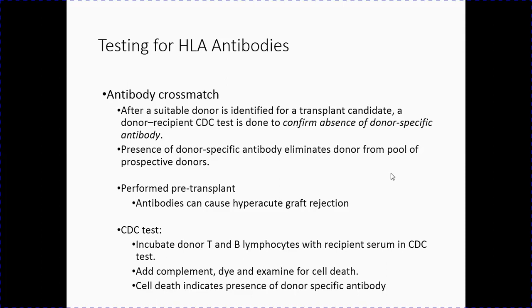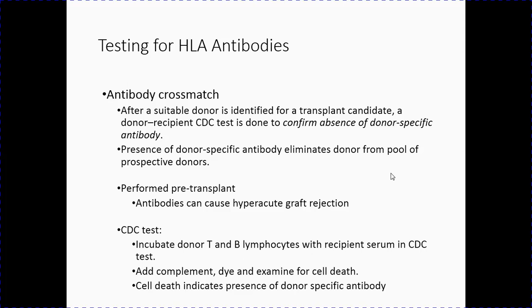We eliminate that donor from the list of potential candidates. Those preformed pre-transplant antibodies are the ones that are going to cause those hyperacute graft reactions. This is why we do it. We can't have the graft just rejected out of hand.